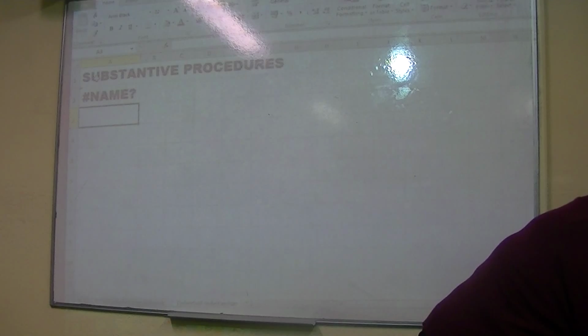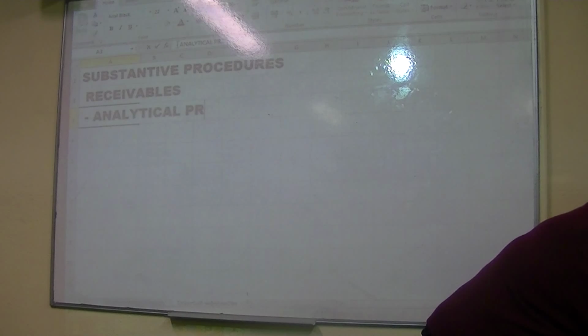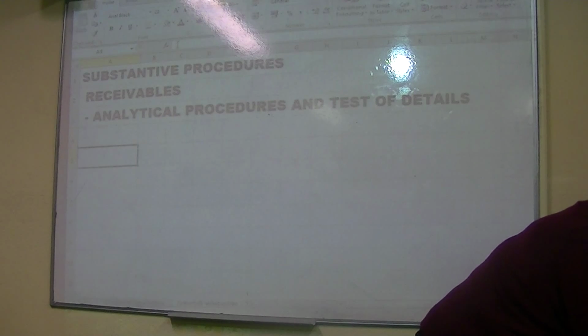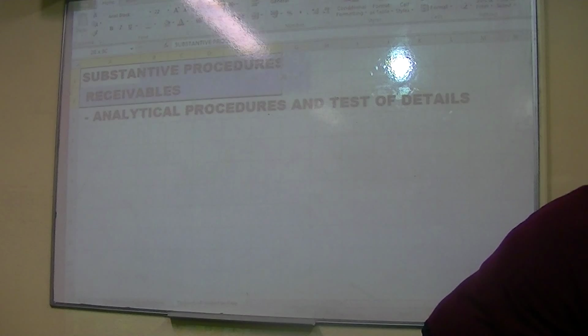When we're looking at substantive procedures, we're looking at our analytical procedures and test of details. Okay, so our substantive procedures for receivables.